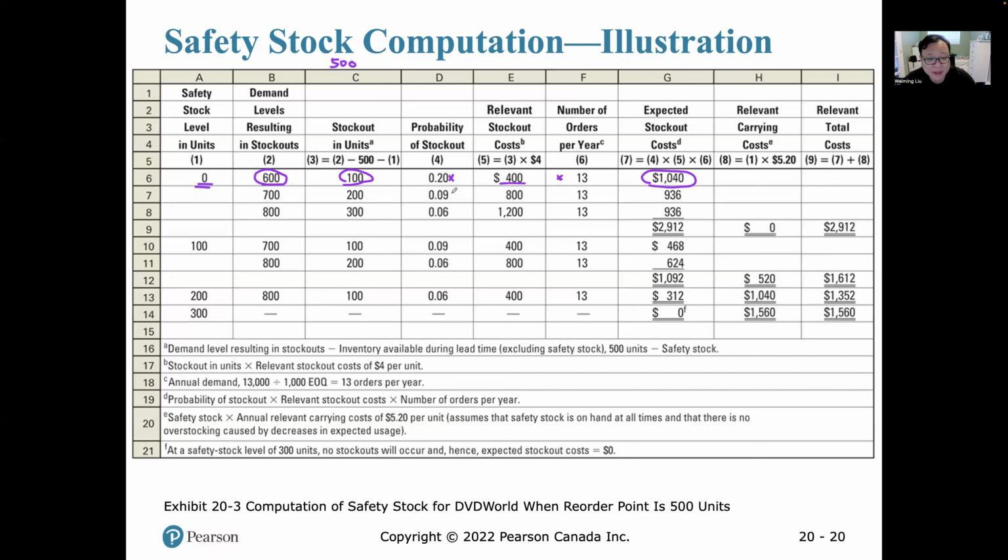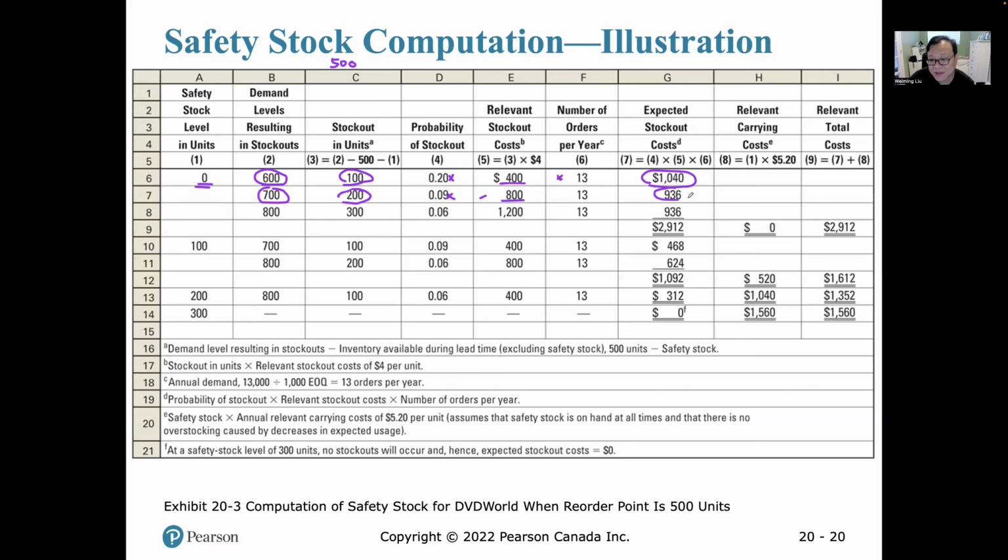In the scenario that has only a 20% chance, when the demand level increased to 600, there may be a 9% chance the demand level actually is 700. If it's 700, but you only have 500 for those 2 weeks, now you have a stock out of 200 units. Each unit is $4, so that's $800. So you use your probability 9% times your stock out cost per order 800 times 13 orders.